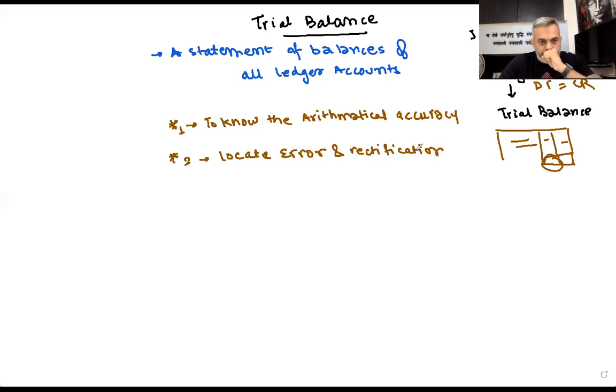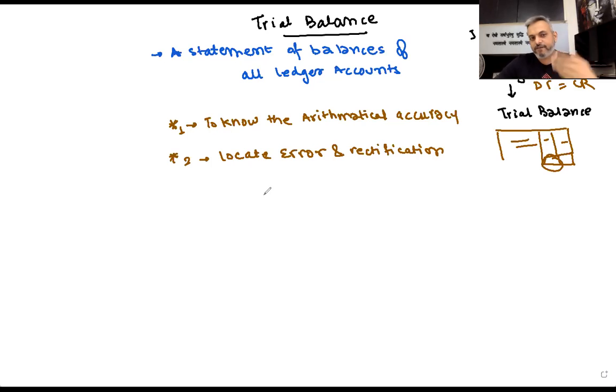In case our trial balance does not tally, it means we are sure we have made some mistake. So what we do is we go back and check what mistakes we have made. We try to locate the error and then we rectify those errors.